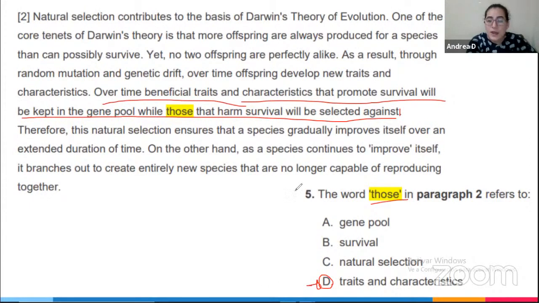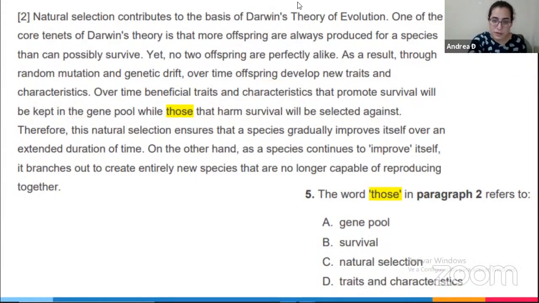No, right? Everything you really need to do is look for the subject of the sentence. What are we talking about in this sentence? We're talking about beneficial traits and characteristics. The ones that promote survival are kept in the gene pool, but the ones that harm survival, what ones? Traits and characteristics that harm survival will be selected against. So believe me, it's quite easy. You don't need to think it twice. It's gonna take you less than 1 minute, I'd say. So go through that very quickly and you're all done.